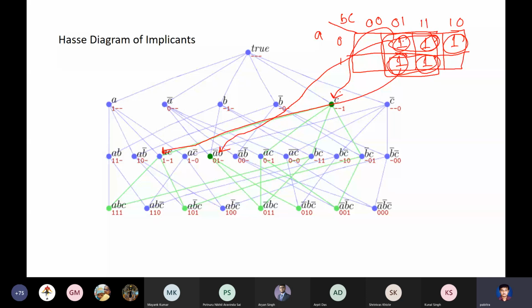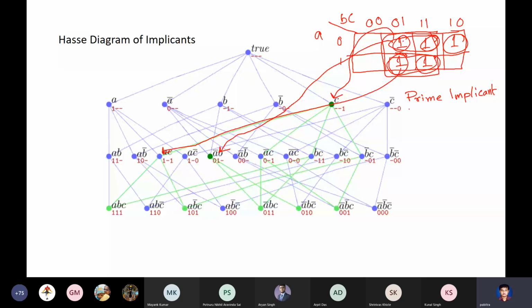So in the Carnot map, this join is equivalent to merging them to form larger cubes, right? So the moment this is there, there is a notion of something known as prime implicant. Okay. So what is a prime implicant?